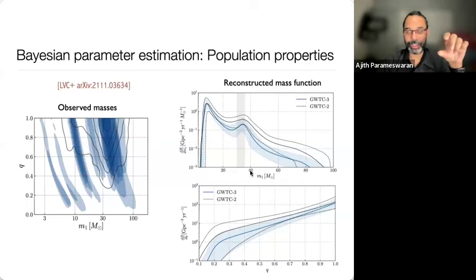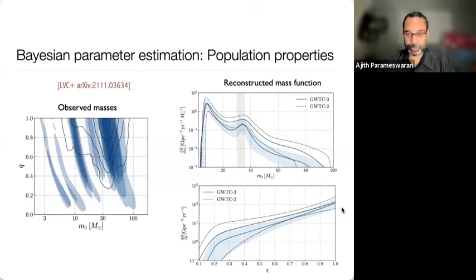And by combining this, we are able to reconstruct the population distribution of the mass of the black holes in the universe. So it's a very imprecise distribution. You can see that it follows roughly some kind of a power law, but we do have some understanding of how the binary black hole masses are distributed in the universe. It follows a power law like this with some additional possible features.